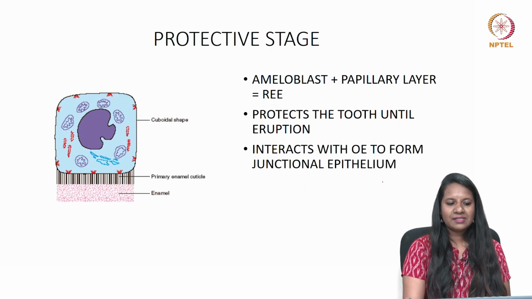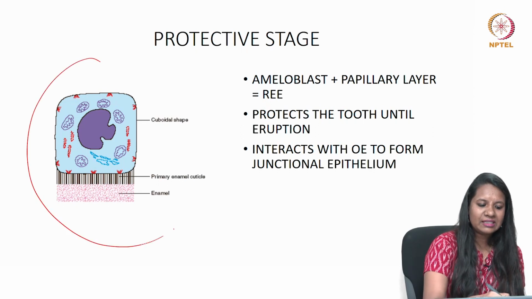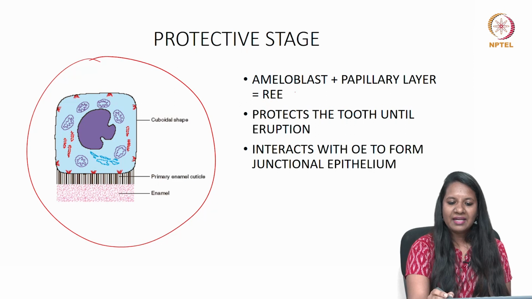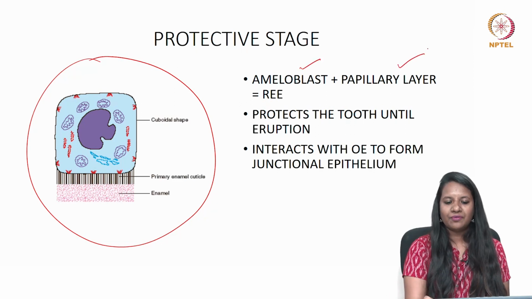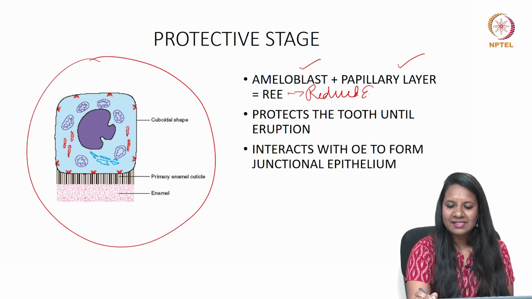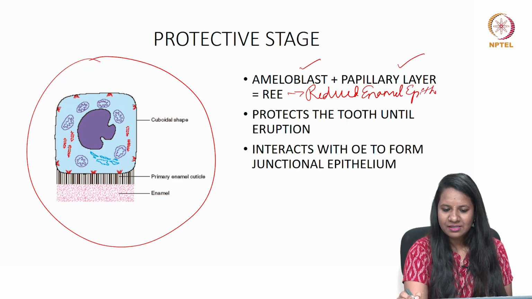Moving to the final stage, that is the protective stage. In the protective stage, again have a look at the size of the ameloblast. It has reduced in size, and these ameloblasts along with the papillary layer combine to form something called reduced enamel epithelium. As the name suggests, the ameloblasts reduce in size.